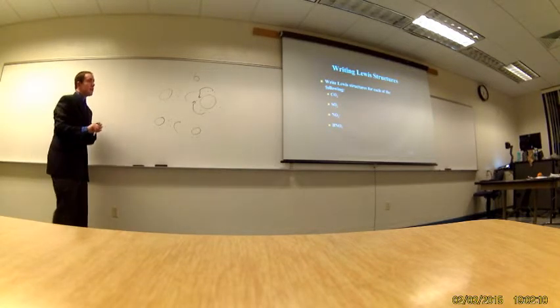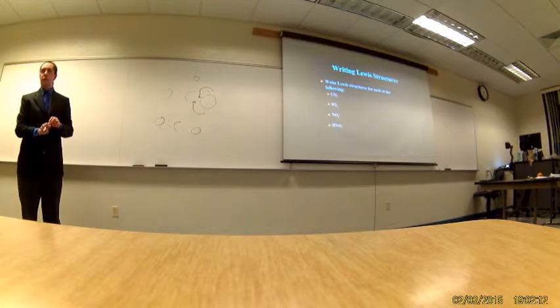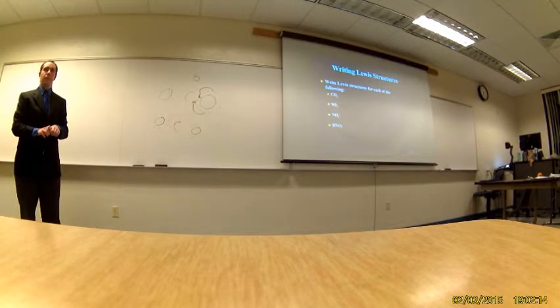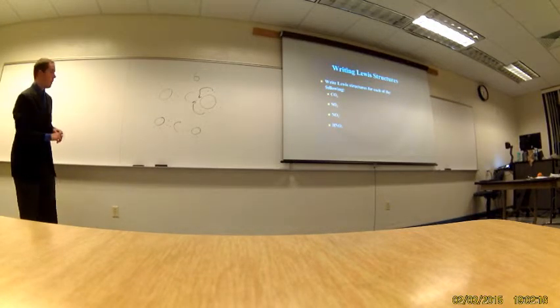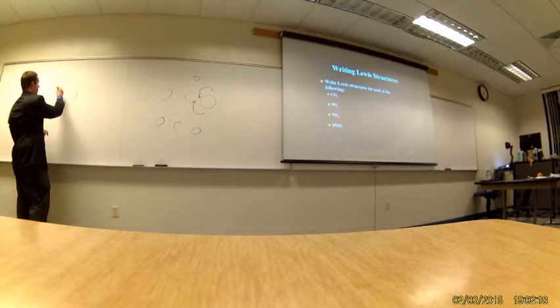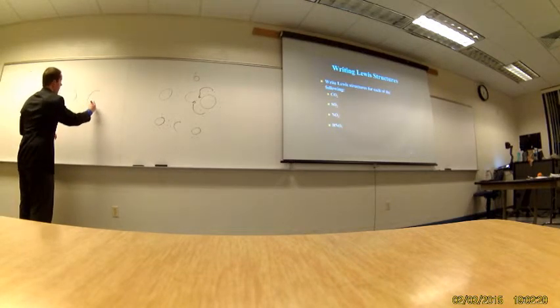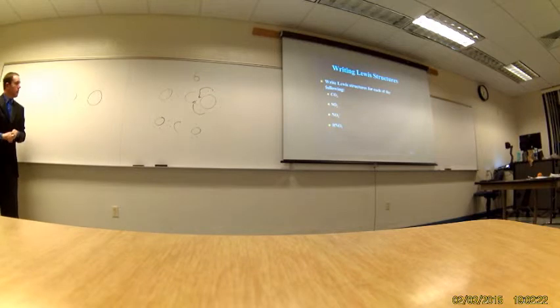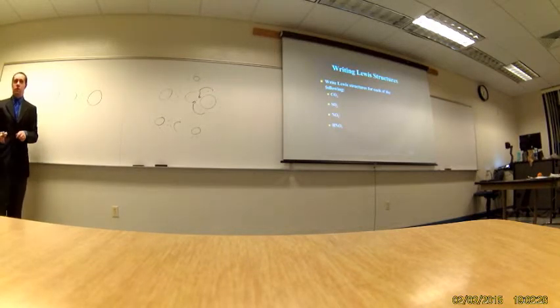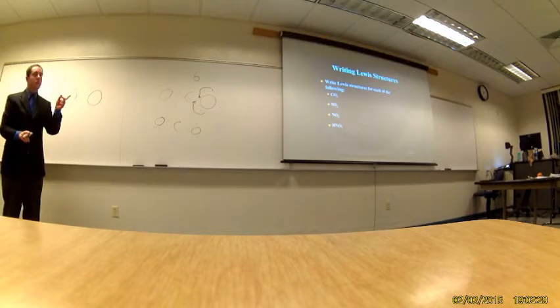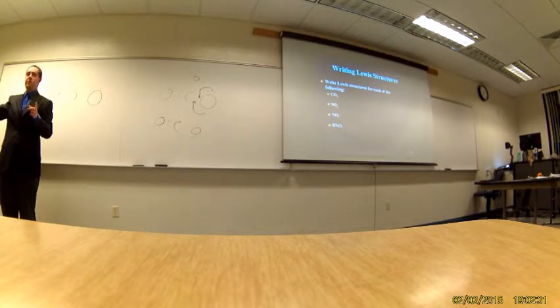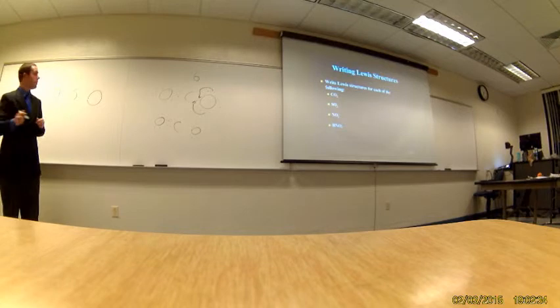So let's go to a really closely related one, SO2. What's in the middle? Sulfur. We've got S, O, and O. How many electrons do I have now? 18. Okay. Got 12 from the oxygens plus 6 from the sulfur is 18.